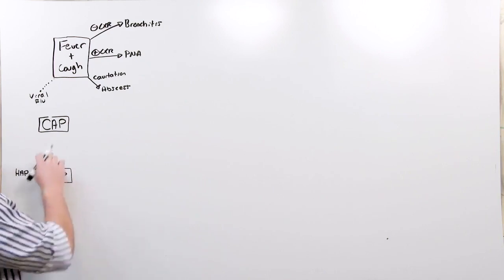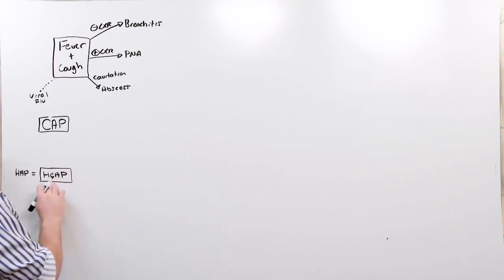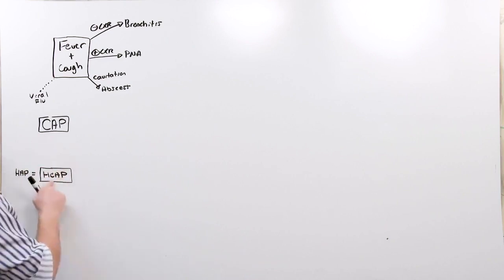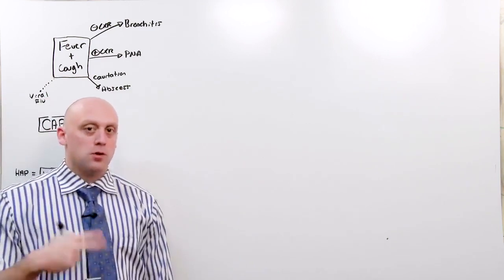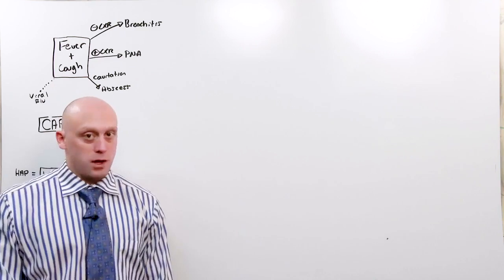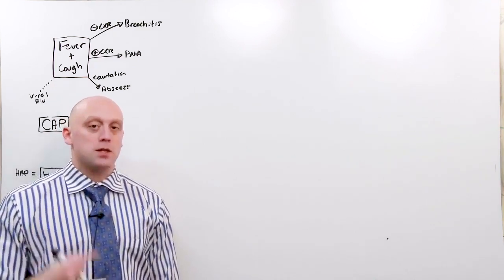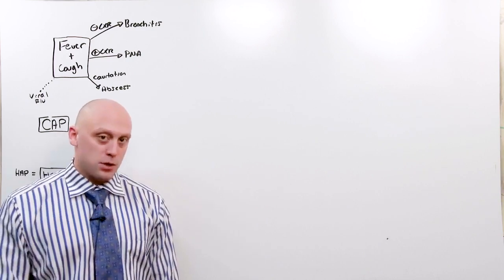So how do you do that? An HCAP pneumonia is someone who has been exposed to the building. Within 90 days, the person has had exposure to a dialysis center, a hospital, or a nursing home. And not someone who works there, someone who has been admitted, has lived there, or been a patient.